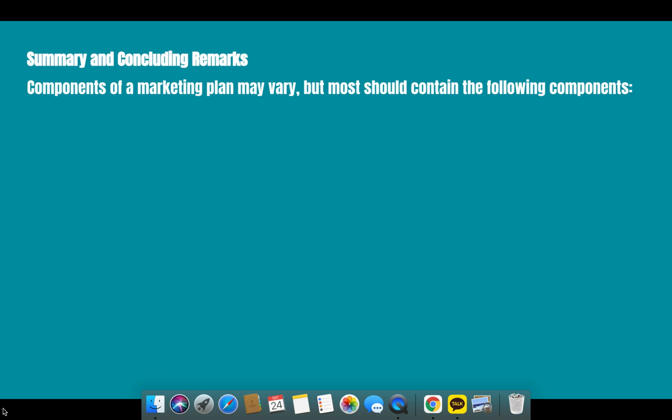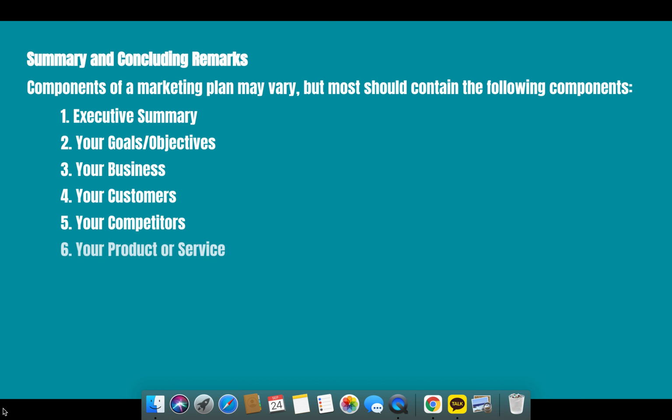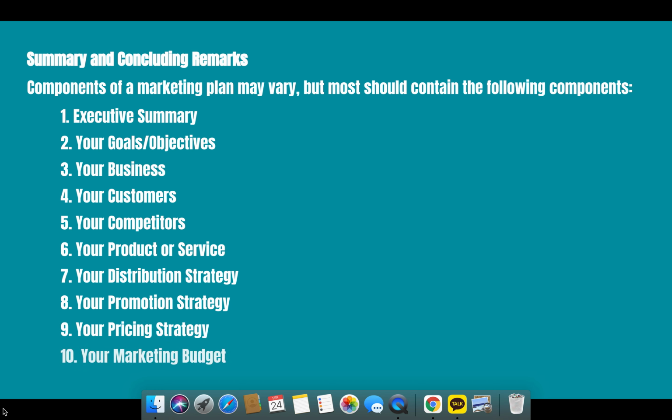So in closing, okay, what happened here? These are actually the components of a marketing plan. It may vary, depending on what you would like to work on, but it should contain the following components, like what I've said: executive summary, the goals and objectives, what your business is about, who your customers are, who your competitors are, what your products or service are, what your distribution strategy, your promotion strategy, your pricing strategy are, and last, your marketing budget.